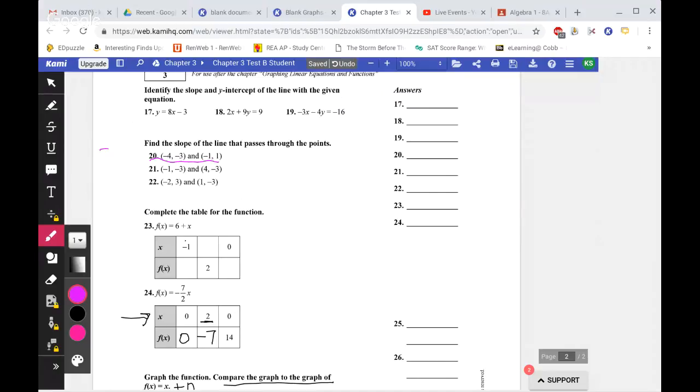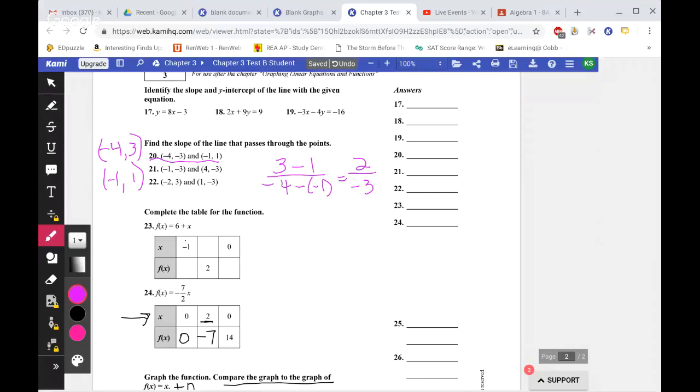And once again, you know how Miss Sparks likes to rewrite her points because they need to be vertical for her. You saw that sometimes all that can get a wee bit confusing. 3 minus 1 over -4 minus a -1 equals 2 over -4 plus 1 is -3.